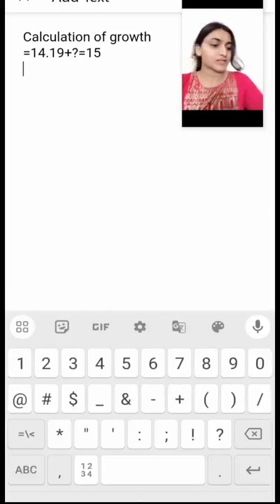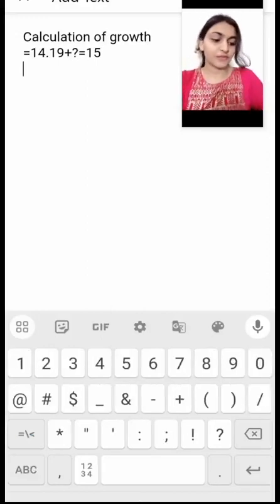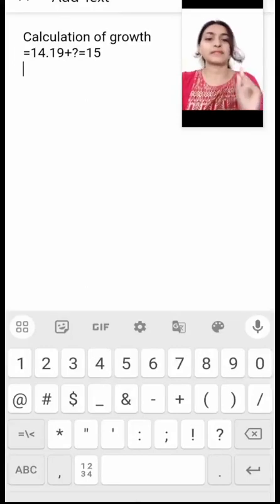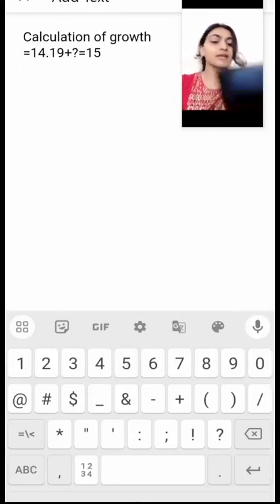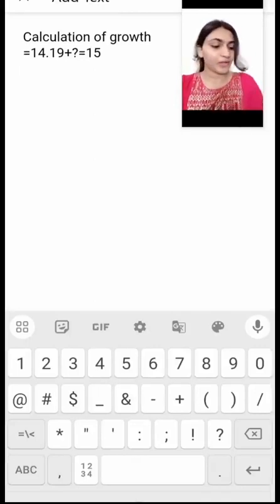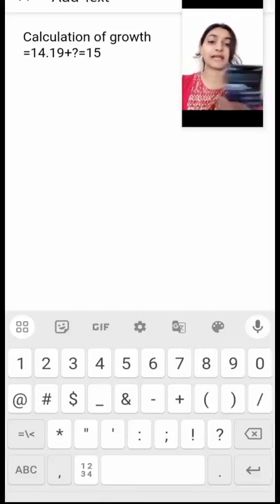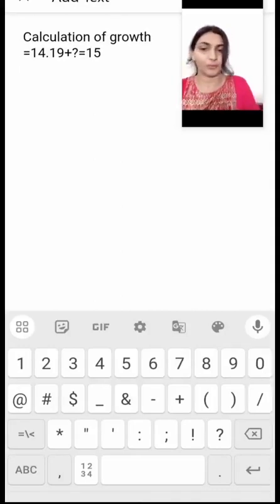Okay, so I've taken the calculator. So 14.19, let's try with 4% first, plus 4% I'll get it as 14.75. Okay, so it's not 15. 14.19, let's try with 5%. I'll get 14.89. So it is also not 15. I'll try with 6% now. 14.19 plus 6%, I'll get it as exactly 15.0.